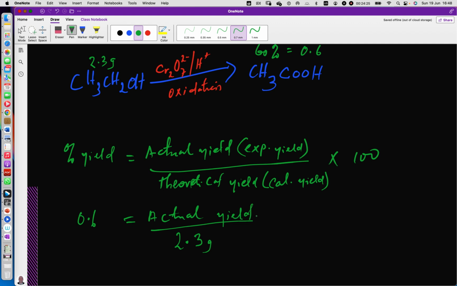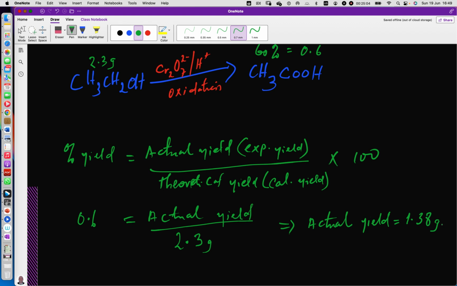And now, what would be our actual yield? Our actual yield will be equal to 0.6 times 2.3, which will be equal to 1.38 gram.